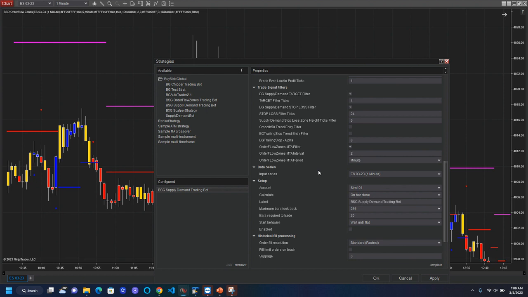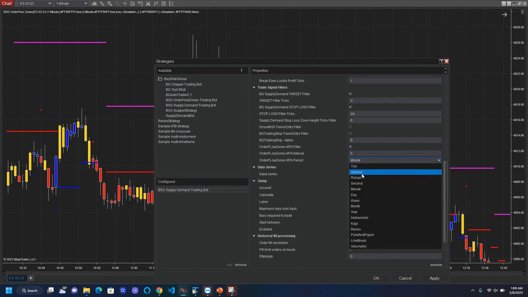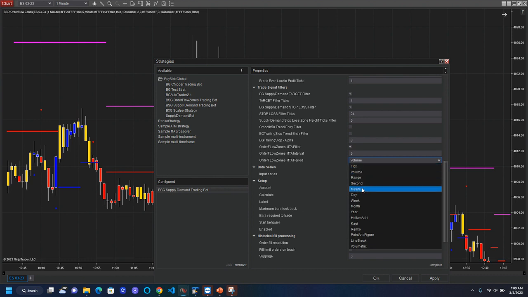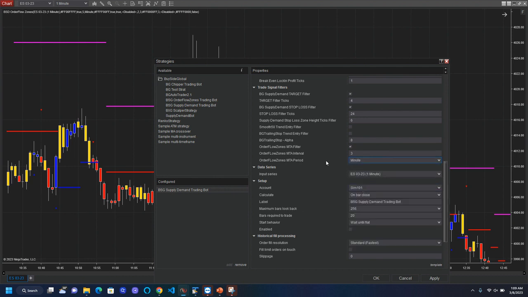Based on that, you can decide whether to take a long trade or a short trade. That's why these order flow zones, even though you're trading at 1 minute, let you look at the trend on 2 minutes or 5 minutes, or even a volume chart at 1,000 volume, whichever way you want to look at the trend. So this is very powerful in terms of staying with the trend.